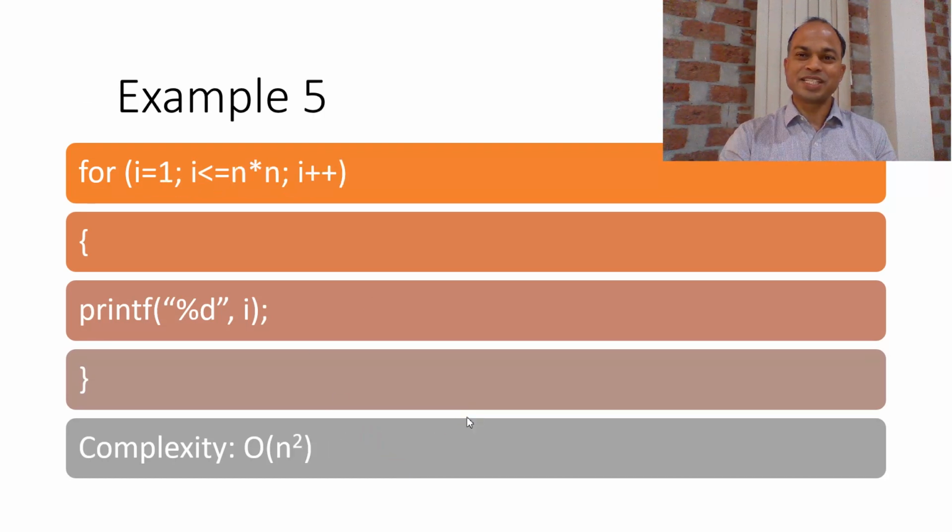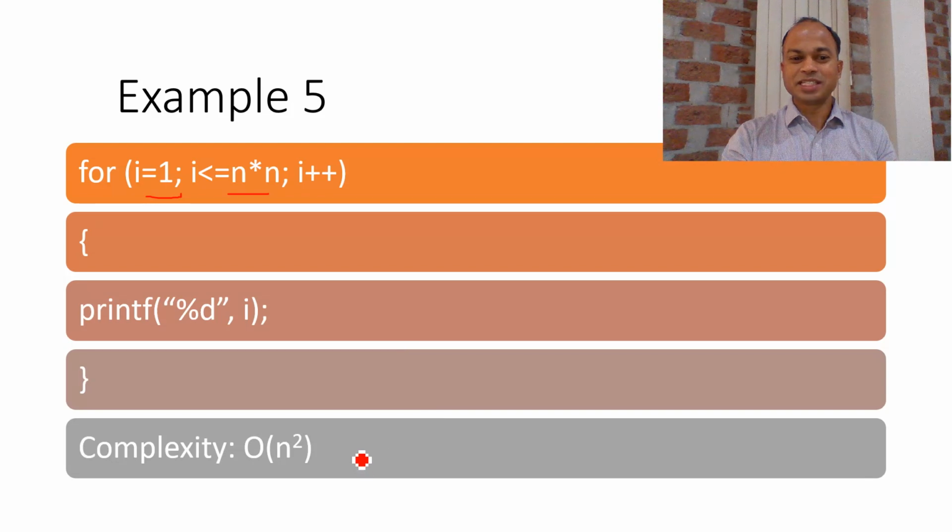Now I'm presenting another example. In this case, we have a for loop with i equals 1 and i less than or equal to n square. So here this loop executes n square times, so the dependency is upon n square. Here we have only a single loop, no inner loop, but still this loop is executing n square times.